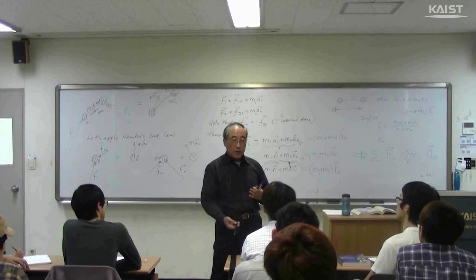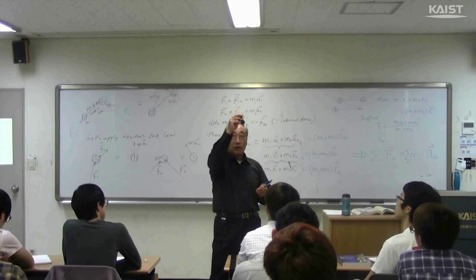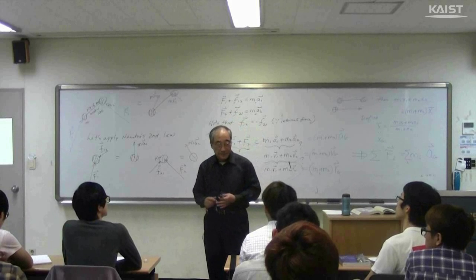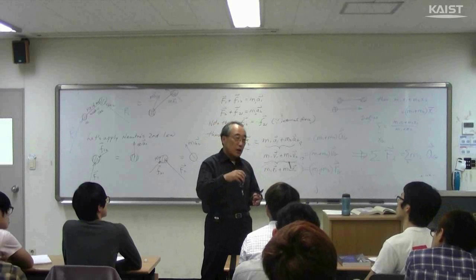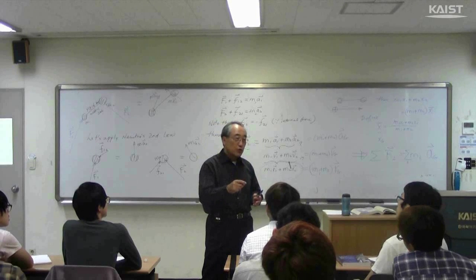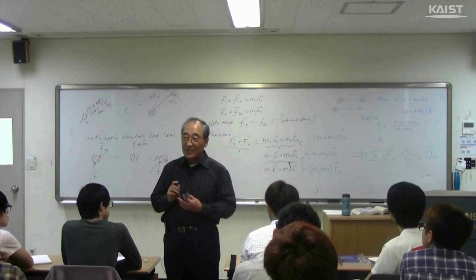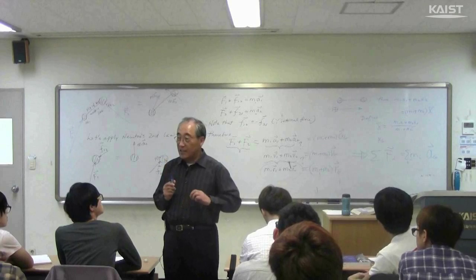So the motion of this is motion of this plus motion of this one. And what is the motion of this one? That is the rotational motion with respect to G, center of mass. Okay, that's very interesting part.